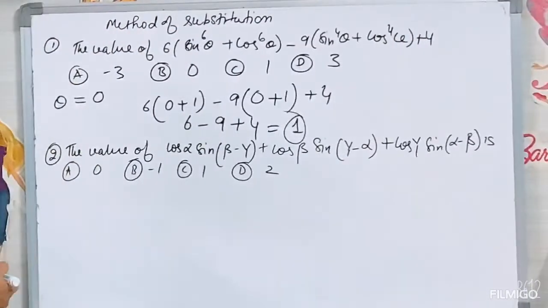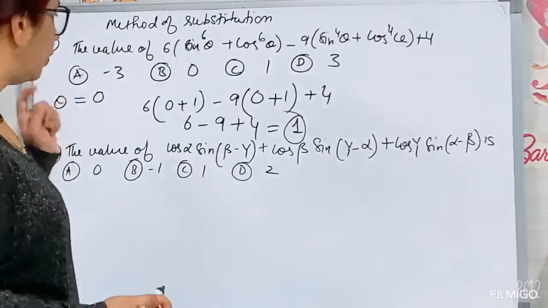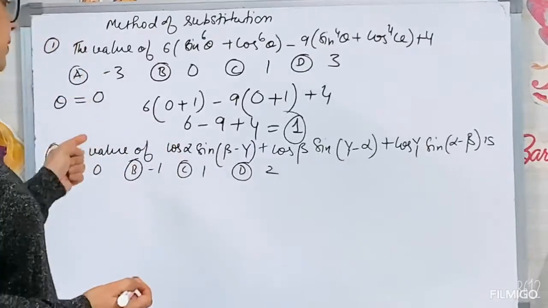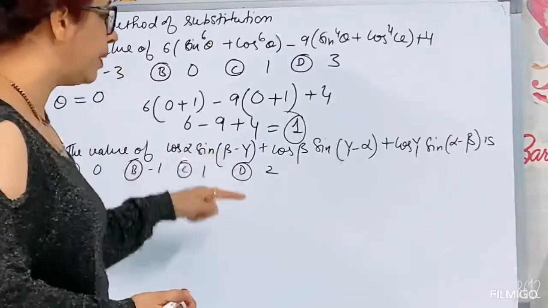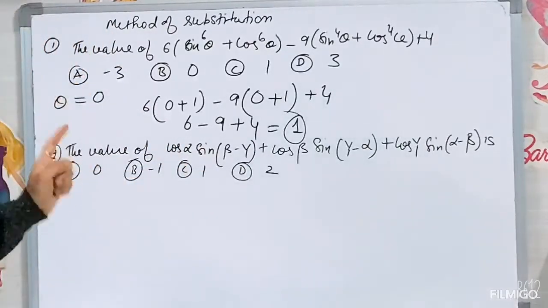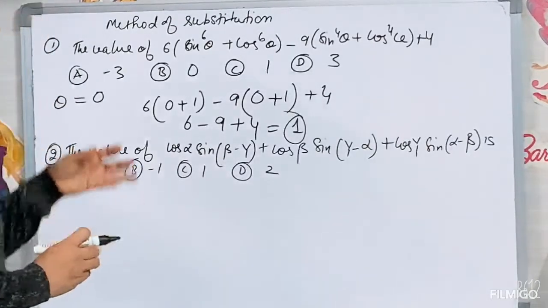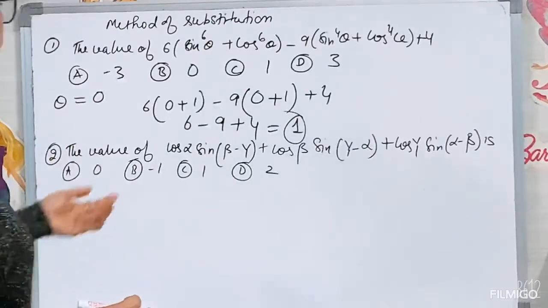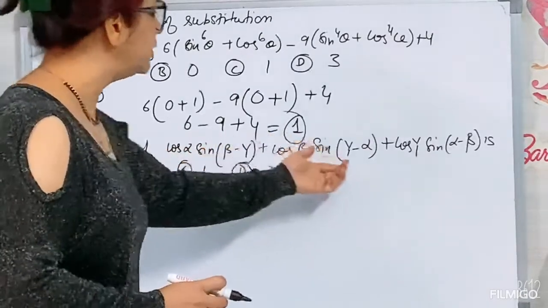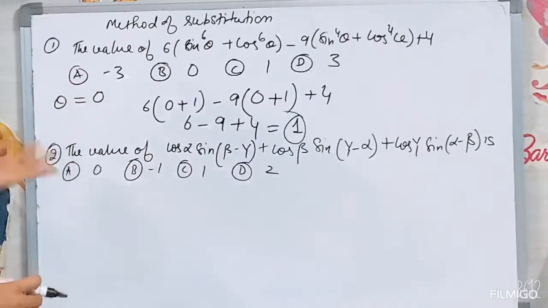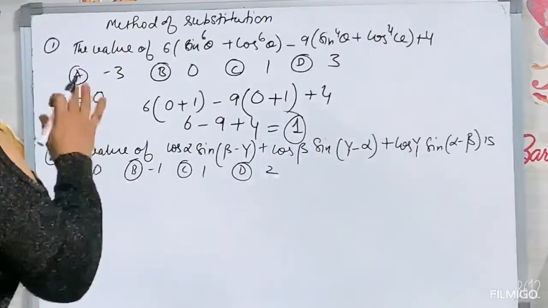Now the second one also I took with the same method of substitution. The value of cos alpha sin beta minus gamma, cos beta sin gamma minus alpha, cos gamma sin alpha minus beta is what? If we do by the normal procedure, we will expand this one, this expand, and then add it, and whatever cancels will come. But how to do?